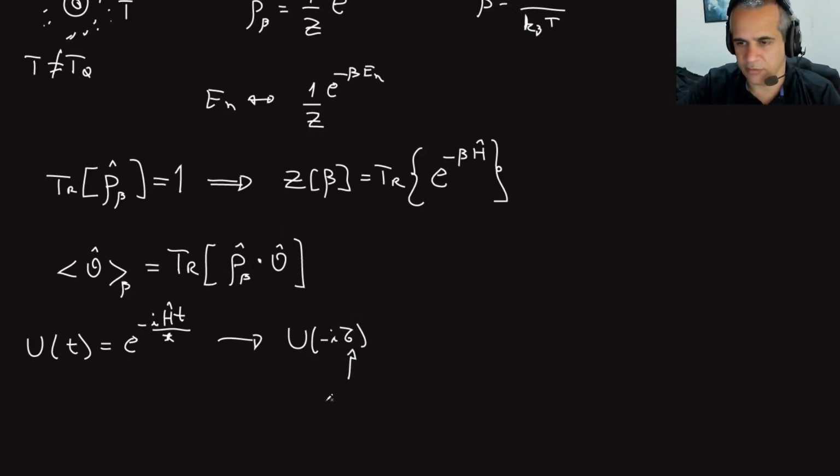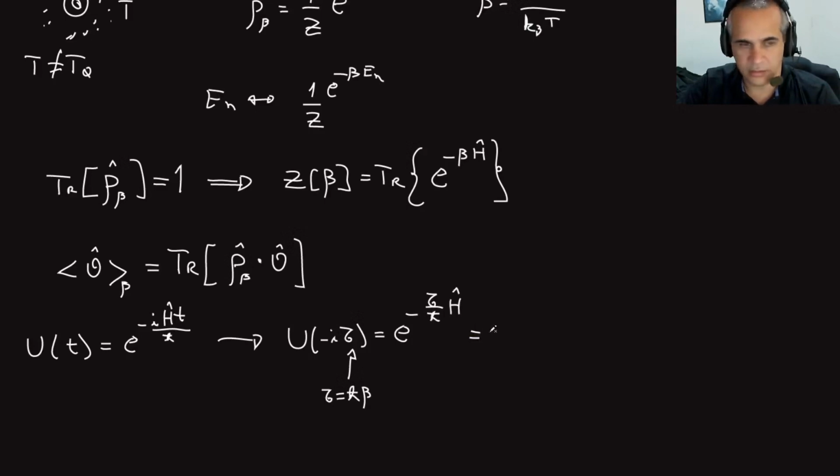So now tau is equal to h bar beta, but this beta is with this temperature. And this is just exponential of minus tau over h bar H, the Wick rotation here.